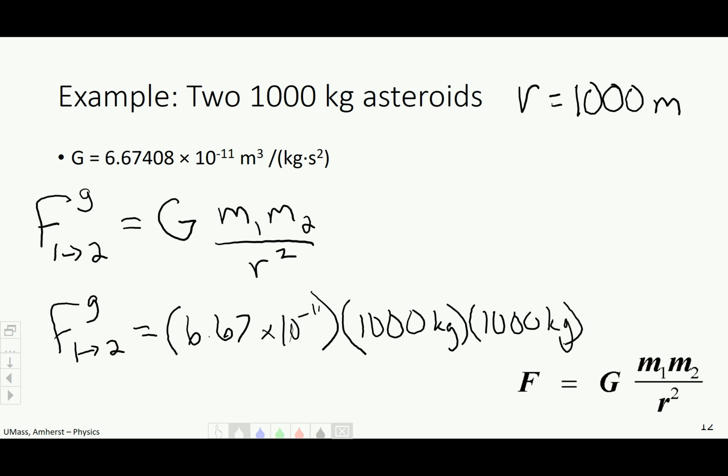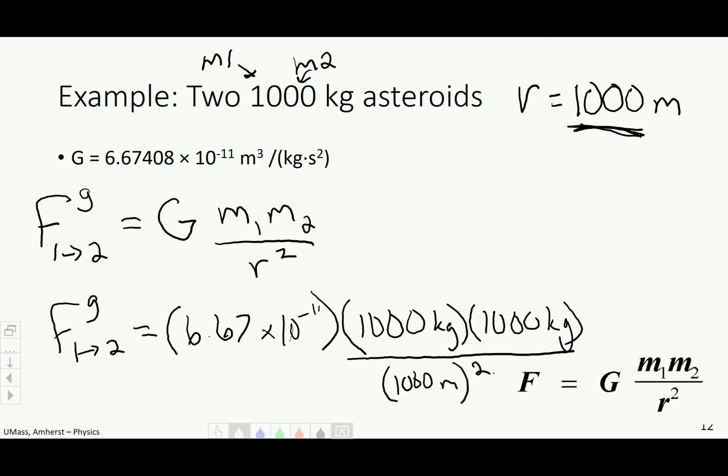Okay, we have mass 1 is 1,000, and mass 2 is 1,000, so that's here and here. We put those right into our formula, all over 1,000 meters is our radius squared.